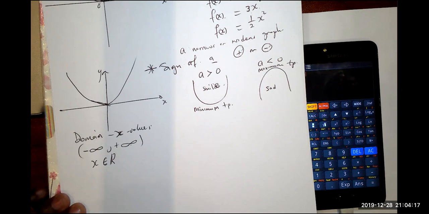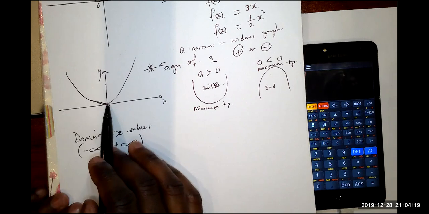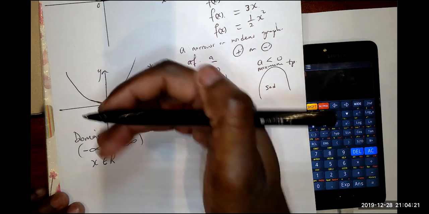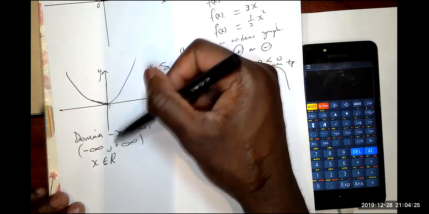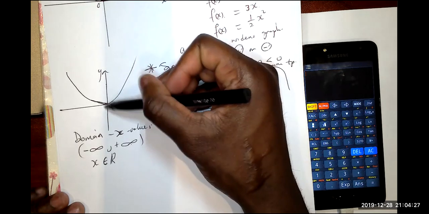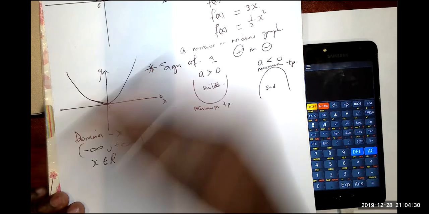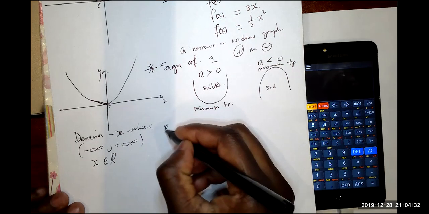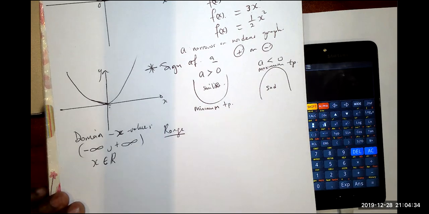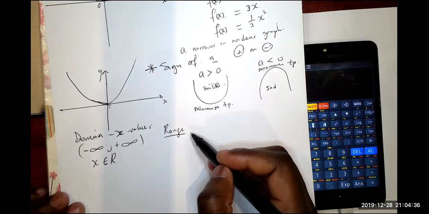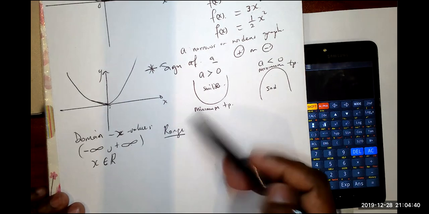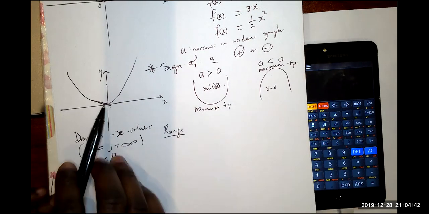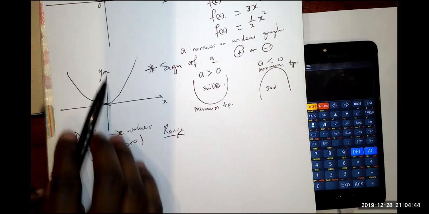But now, what about y? You can see that the graph will never go this side, so this tends to be the minimum. We'll explain the range more later. In this case, the range is that y is only above.